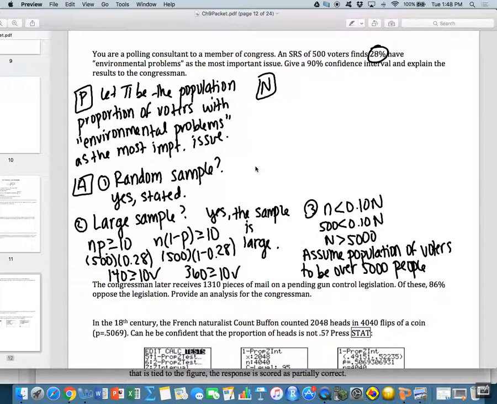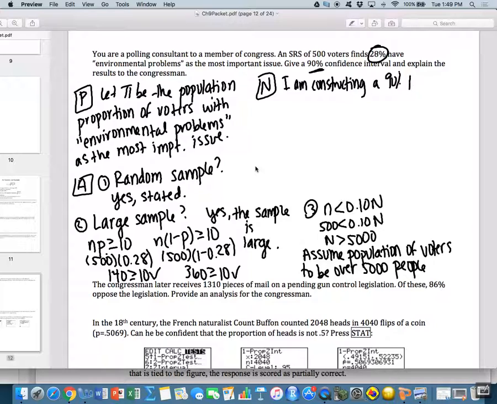Now we're on to the name. You need to tell me what kind of interval it is, what your confidence level is, and what table you are using. So I'm going to say I am constructing a 90%, so that's the confidence level part. I know it's 90% because it told me in the problem.